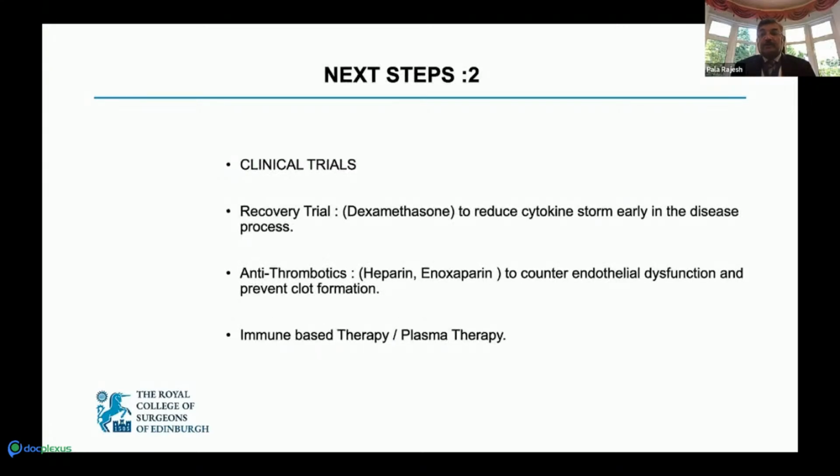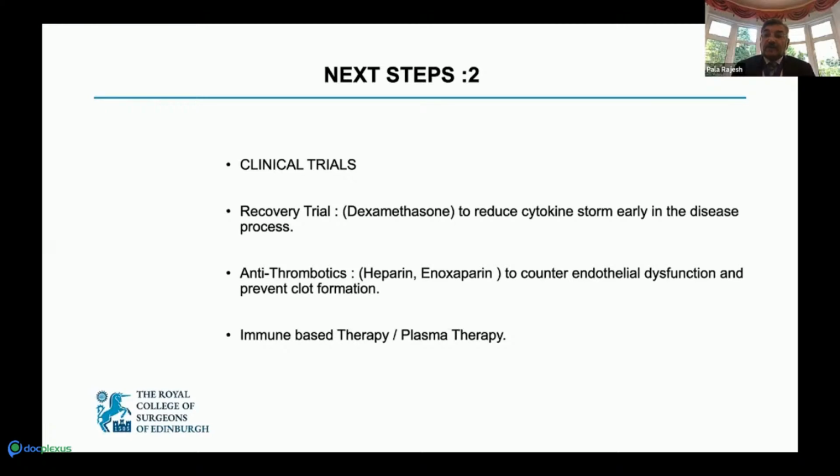So during all this time, several centers were carrying out clinical trials, and the most important, in my opinion, was the Recovery trial from Oxford, where they found that using dexamethasone to reduce cytokine storm early in the process reduced stay in intensive care. We also started using high flow oxygenation and prevent people going into intensive care for intermittent positive pressure ventilation.